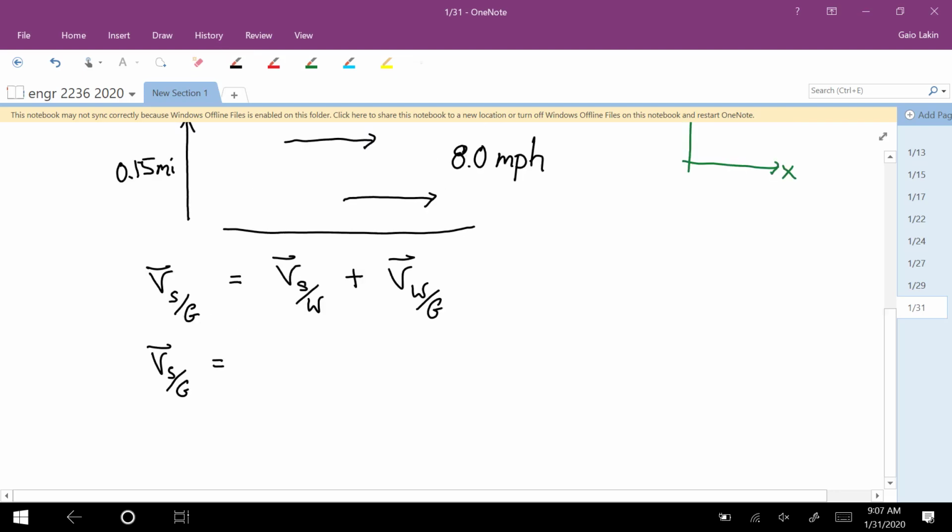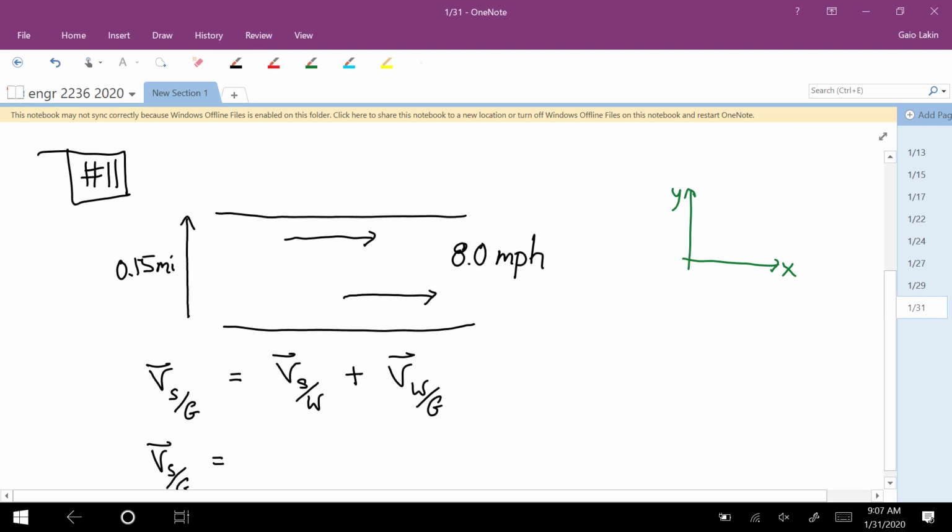For the swimmer relative to the water, you have a coordinate system that's floating with the water. This coordinate system is the one we're calling W.